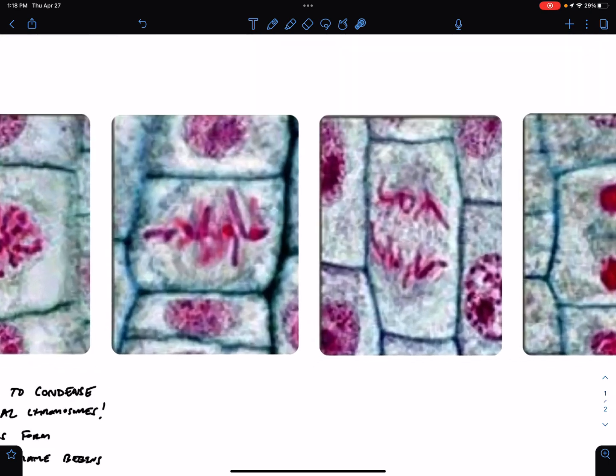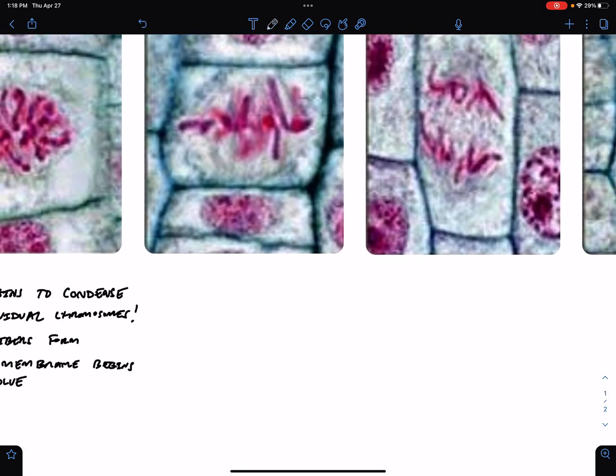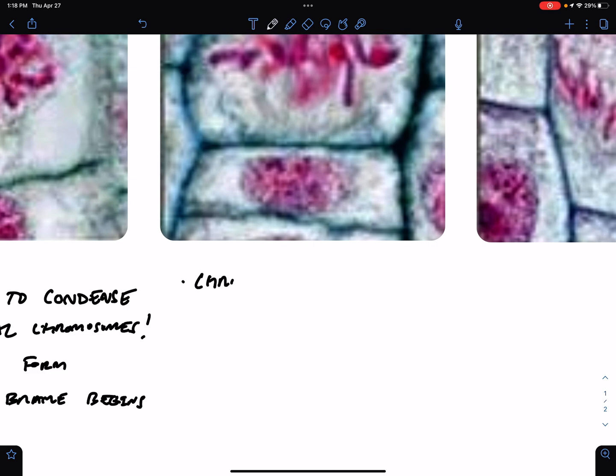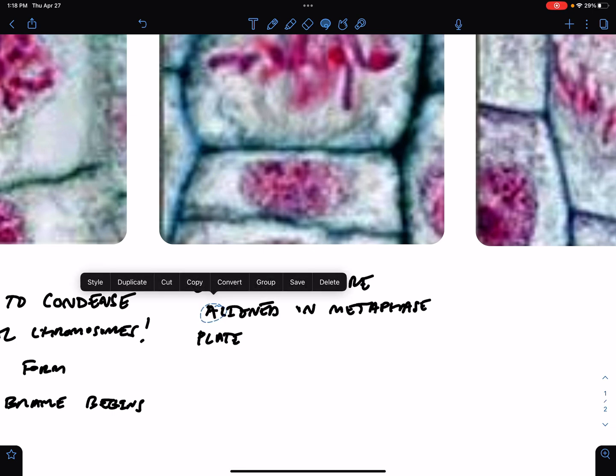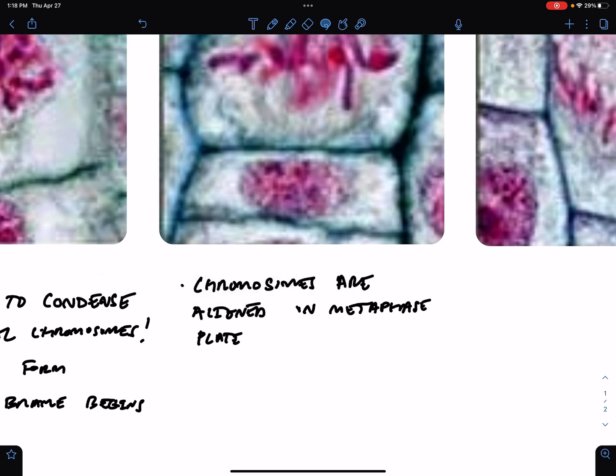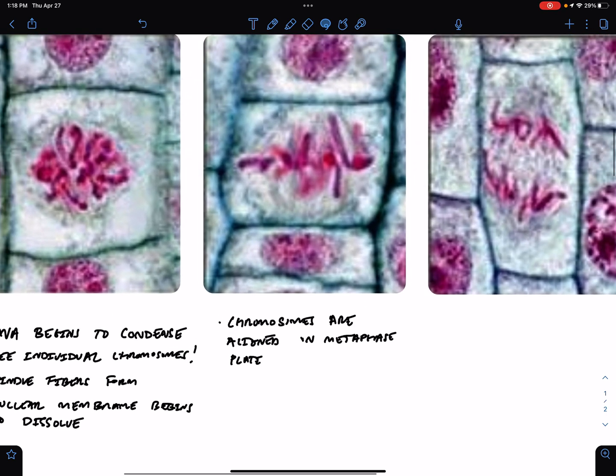So I guess we should write that down. Chromosomes align on the metaphase plate. And they're pulled into place, as I said before, by the spindle fibers.